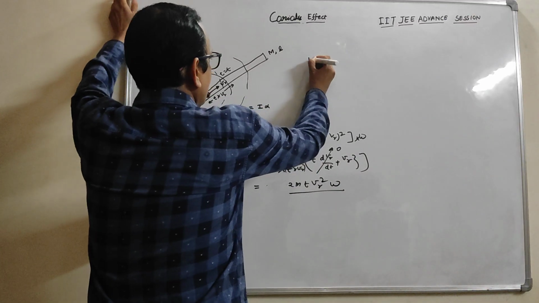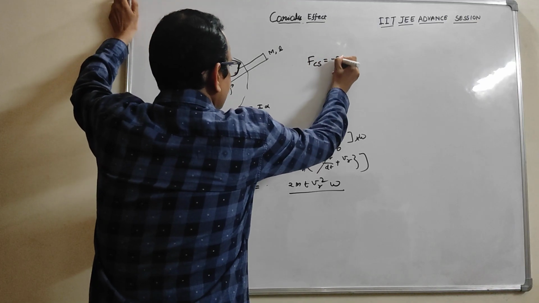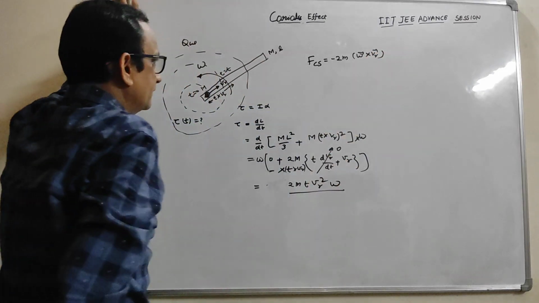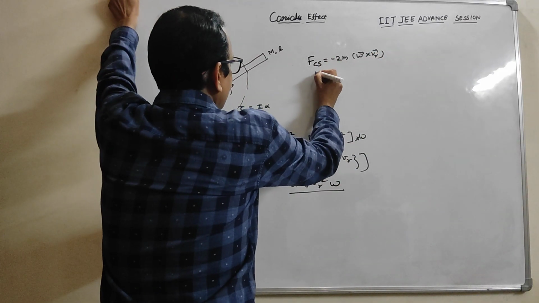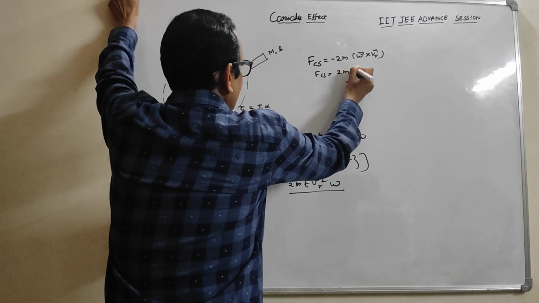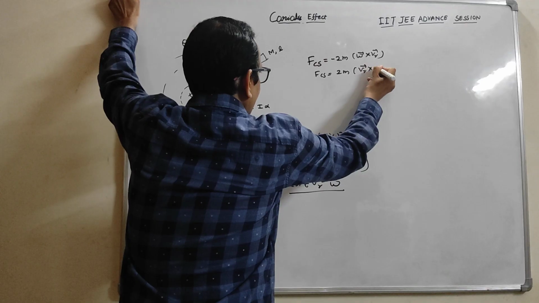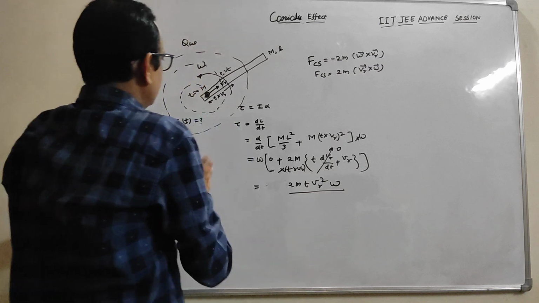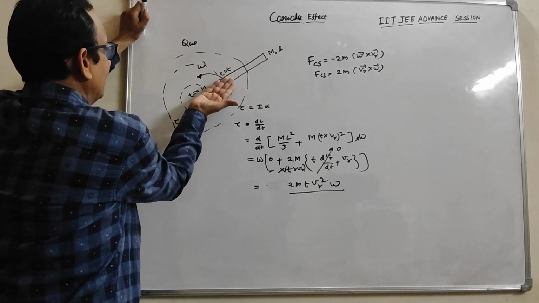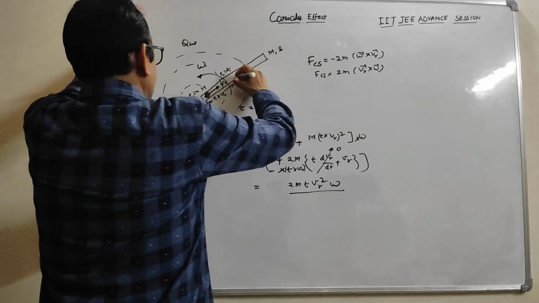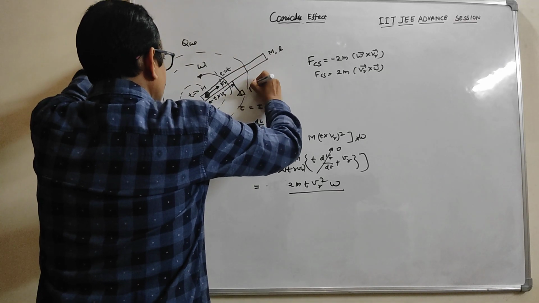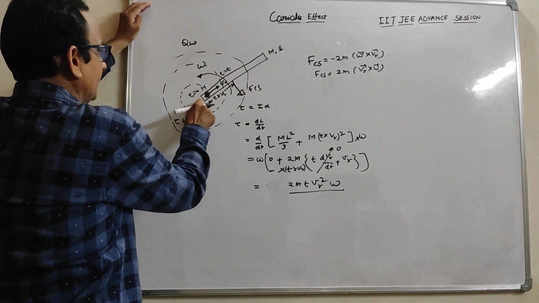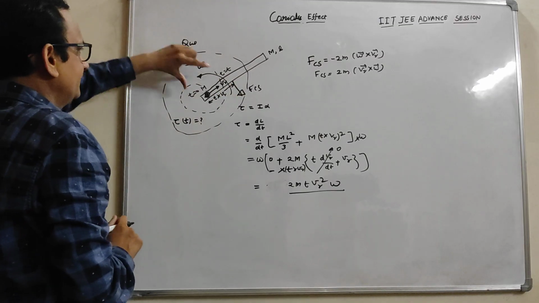We know the Coriolis force is minus 2m omega vector cross vr vector. So we can also write 2m vr vector cross omega. When the minus sign changes, the cross product order also changes. So the vr vector is in this direction and omega is perpendicular, so the force will be in the downward direction. This is the Coriolis force, and we have to multiply it by the distance and take the torque about point O. This is the distance at time t.